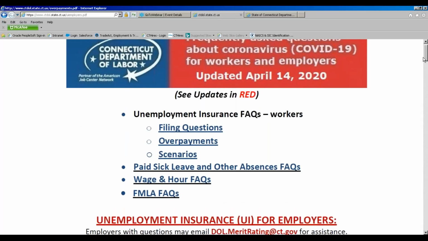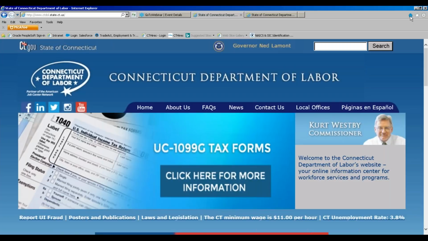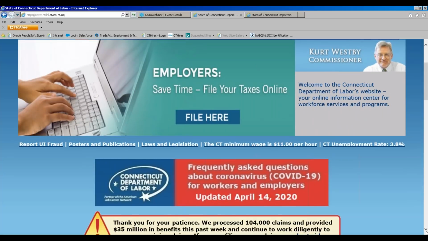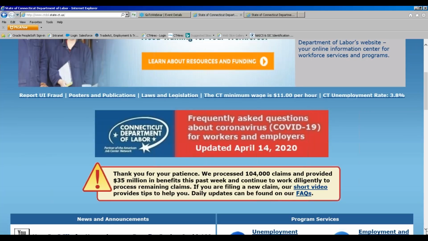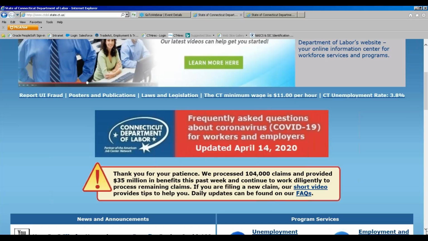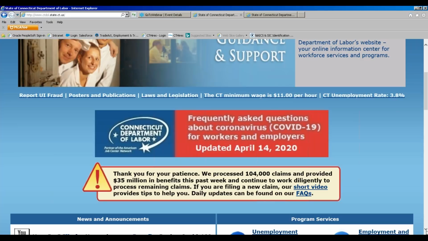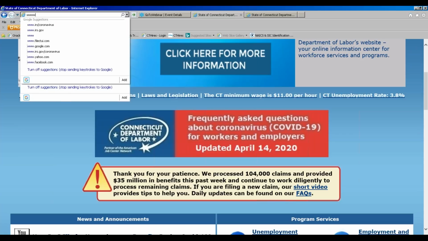Again, like I had said earlier, we plan to do this again next week with a new topic, review some of what we've talked about this week, and in the future, if you have any questions concerning your claim for unemployment benefits, whether you're a claimant or an employer, please visit our website and review our frequently asked questions in the middle of the page, the blue and red box. Please go to filectui.com for additional assistance, and hopefully we can get your question answered there as well.